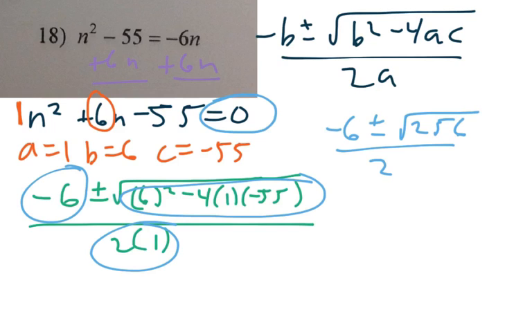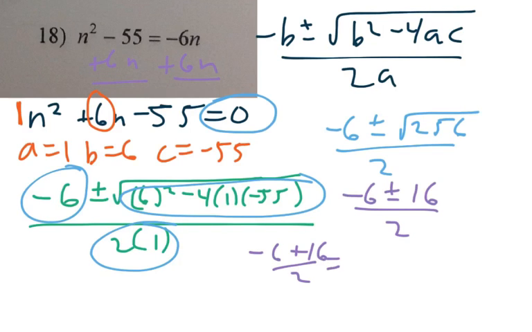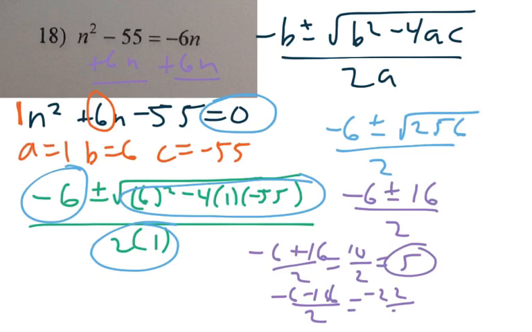So what I really have now is negative 6 plus or minus 16 over 2. If I do negative 6 plus 16 over 2, that's just 10 over 2, which is 5. And if I do negative 6 minus 16 over 2, that's negative 22 over 2, which is negative 11.